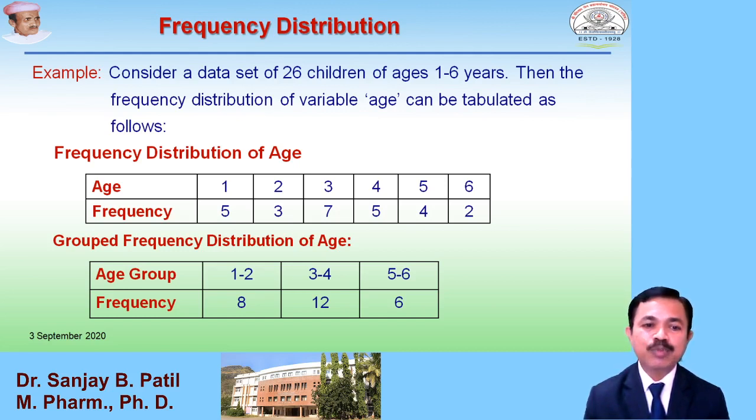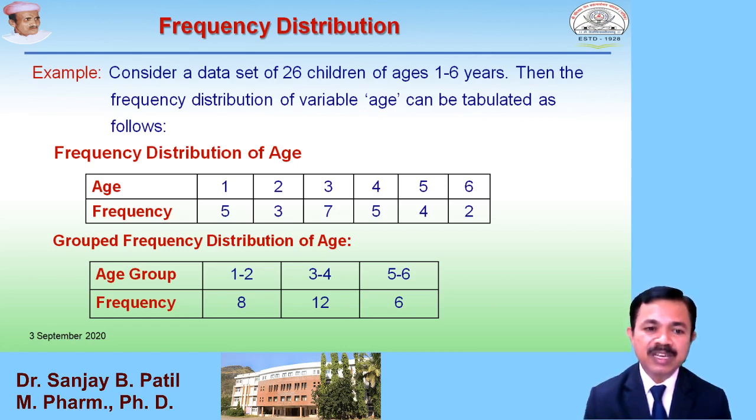So to condense the data, suppose we have considered 3 classes, and the lower limit and upper limit have an interval of 2 for each class, then we can condense these 6 observations into 3 classes by dividing age groups from 1 to 2 as the first class, age group 3 to 4 years as the second class, and age group 5 to 6 as the third class, and the appropriate frequencies are 8 for 1 to 2, 12 for 3 to 4 years, and for 5 to 6 years the frequency is 6, by combining frequencies of respective ages.